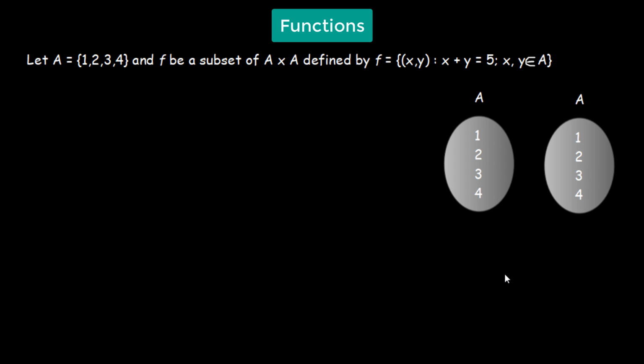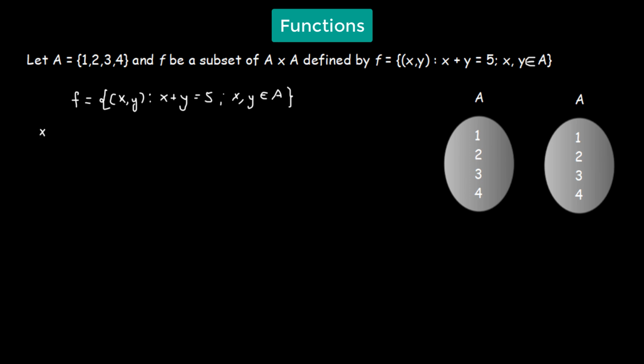So in this question, we have a new set F, which is a subset of the Cartesian product of A and A. And this new set F is defined as the set of all ordered pairs (x, y) such that the sum of x and y is equal to 5. It's given that x and y are elements belonging to set A. So let us try to form the ordered pairs.